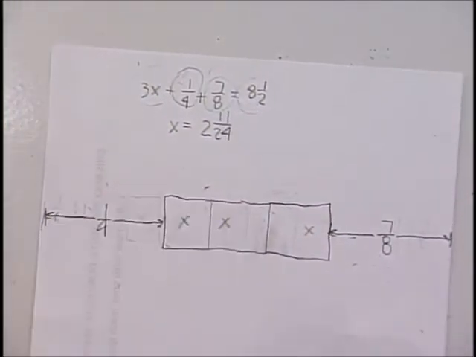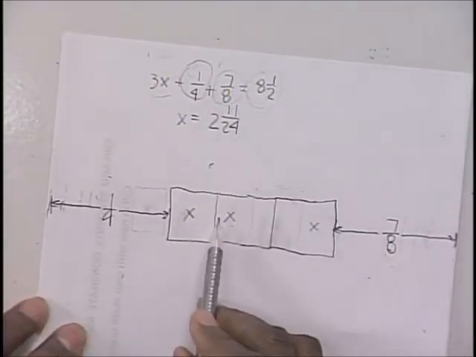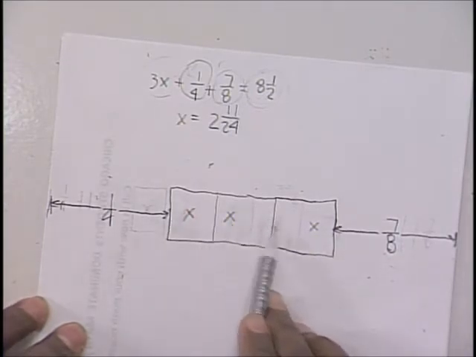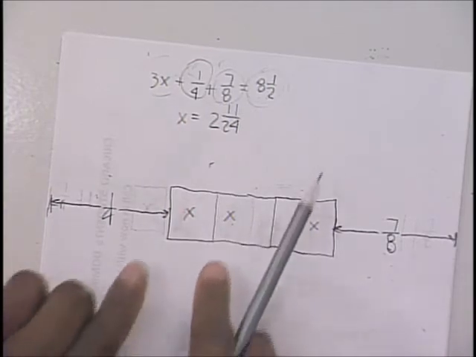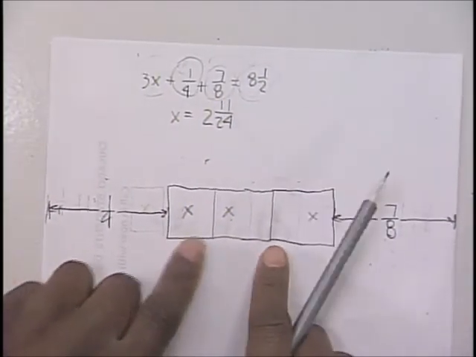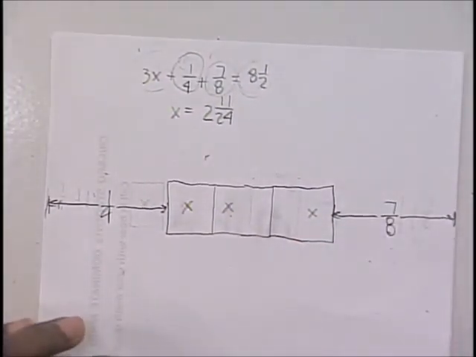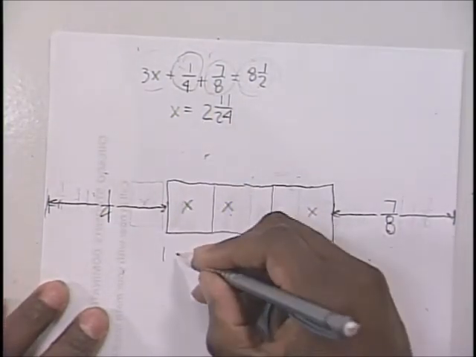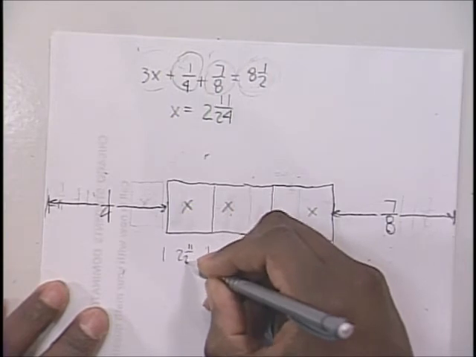Let's say you wanted these pictures to be the same distance across. How wide would each of these pictures have to be? Well, that's what we just found out. This picture would have to be 2 11/24.